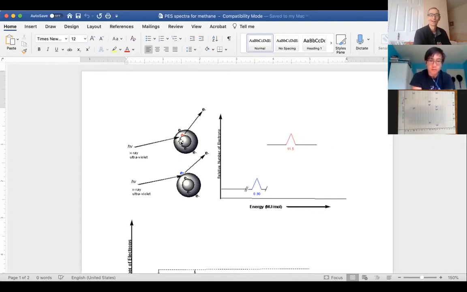And so this electron that's colored red here, there's a peak in the photoelectron spectrum at 11.5. And that basically says that removing that electron took 11.5 megajoules per mole of energy. That's how much this light beam had to have in order for that electron to be removed.